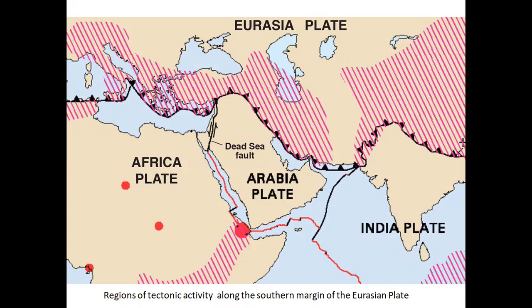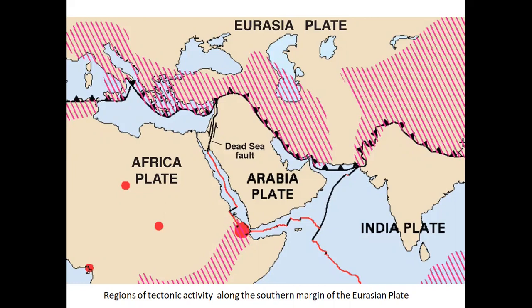And of course, this includes the Great Rift Valley of East Africa. Also in the bottom right-hand corner, there's a hatched zone, which is the possible future plate boundary, or the one that's accepted essentially as separating the India Plate from the Australian Plate today.